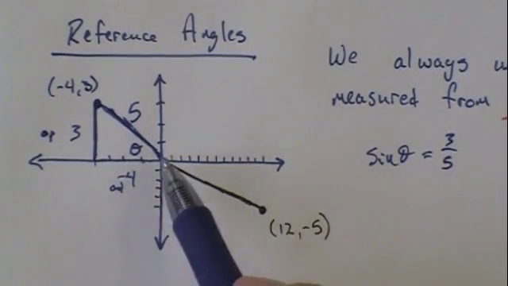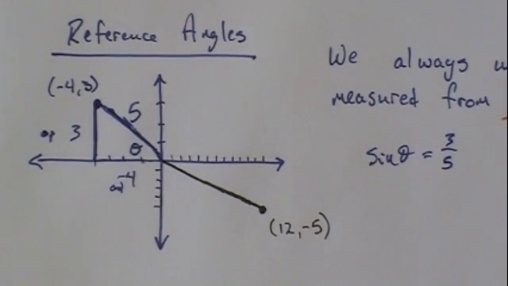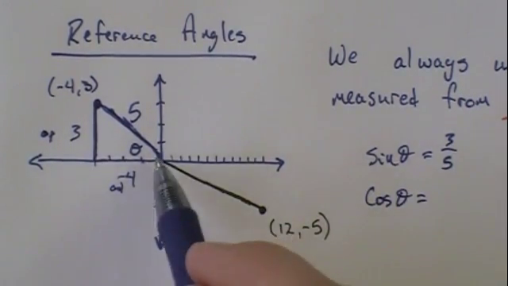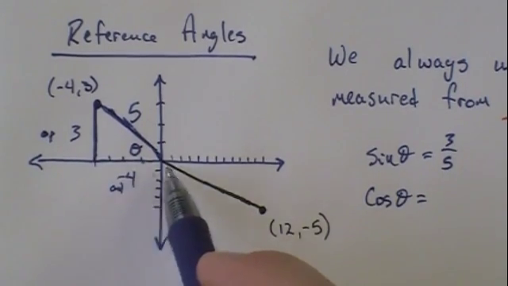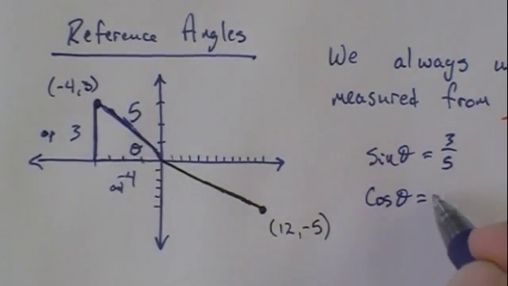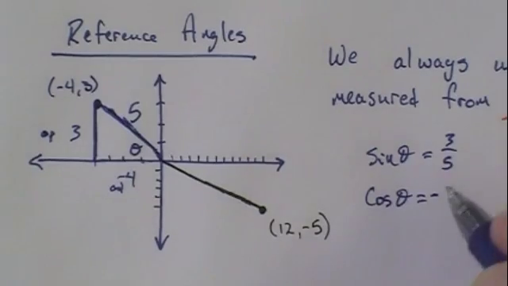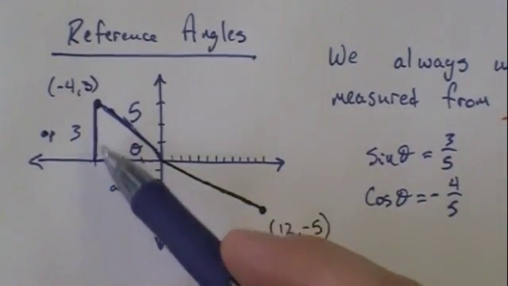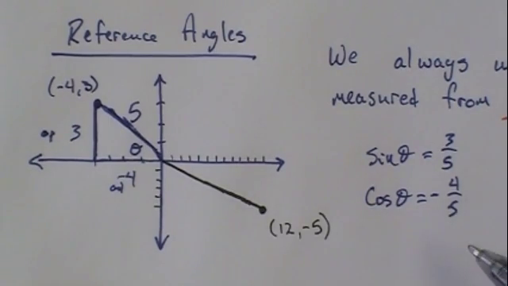That's a positive value. We're in quadrant 2, and that's giving us a positive value. Let's look at cosine of theta. Now we're going to use this negative value, negative 4, so adjacent over hypotenuse is negative 4/5. We're in quadrant 2, and our cosine value is negative.